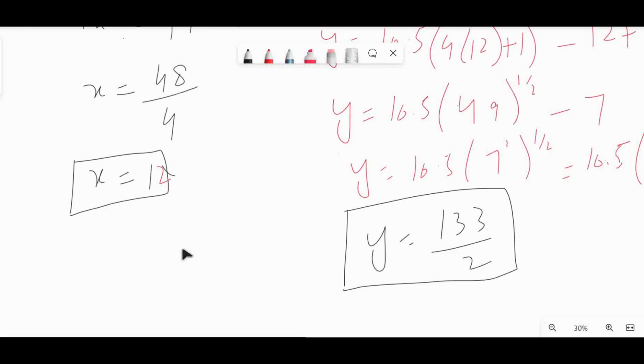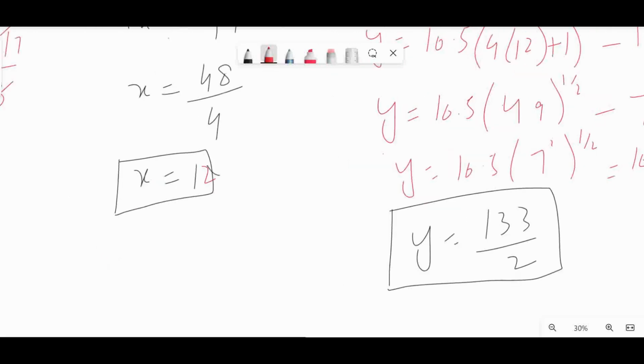If the gradient of the first line was 2, then the gradient here will be equal to minus 1 by 2, and the point we have already found will be (12, 133 by 2). So with these two, we can find the equation.